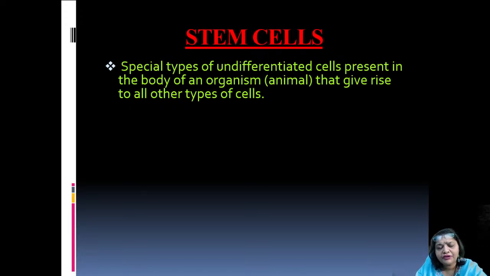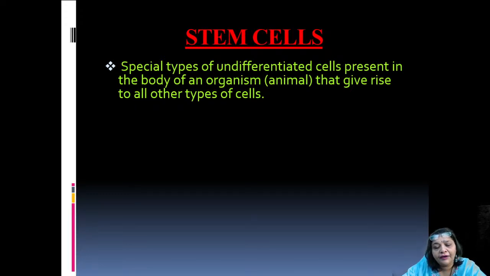So till now we were talking about the totipotent capacity of the cells, basically in plants, right, where tissue culture is just flourishing to multiply the different types of plants. Now these kinds of cells, having the same potential to produce the whole organism, are also found in animals, in human beings.